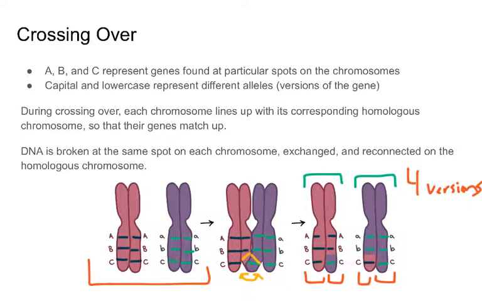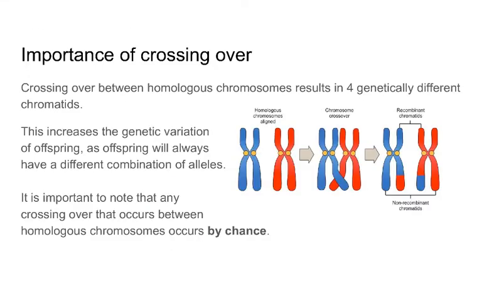Once we get the gist of what crossing over is, we want to talk about why it's so important. And I've alluded to this time and time again in this video. It is super important because one of the traits of sexually reproducing organisms is that they produce genetically similar offspring, not identical.